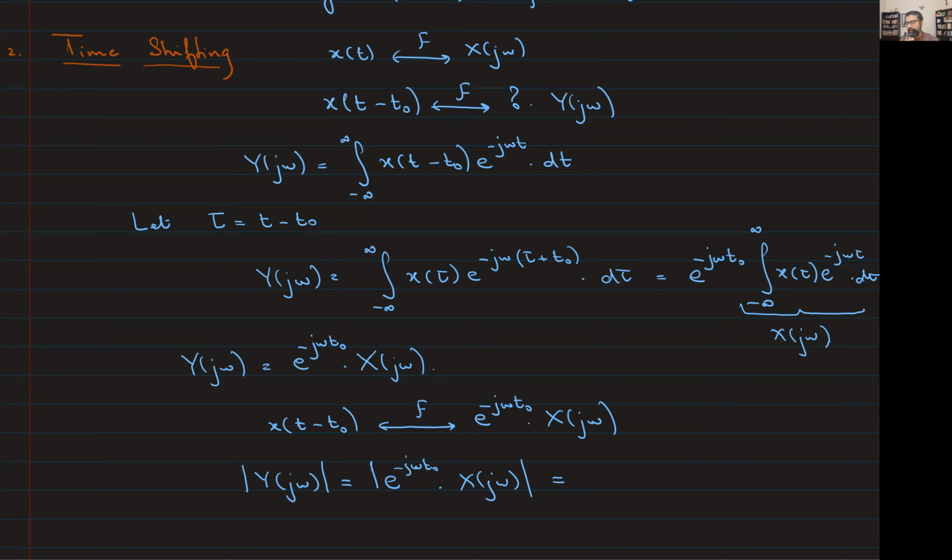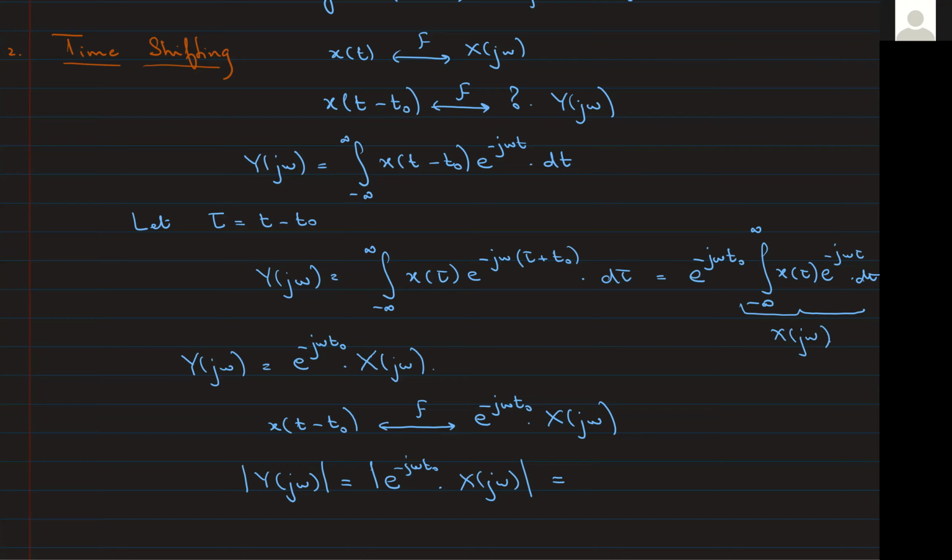Why, Abdullah, should it be the same? Just a guess. Talha says the same as well. Why the same, Talha? The magnitude of e raised to power minus j omega t naught will be 1.